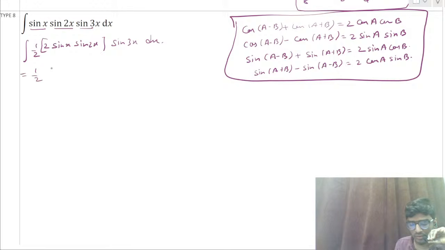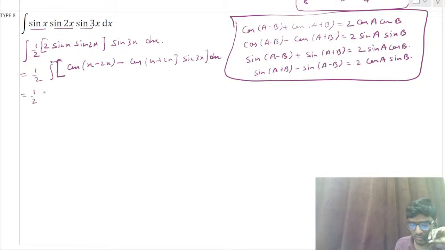Now, taking out 1 by 2, for 2 sin x sin 2x we are going to use this property, so it becomes cos of x minus 2x minus cos of x plus 2x, times sin 3x dx.